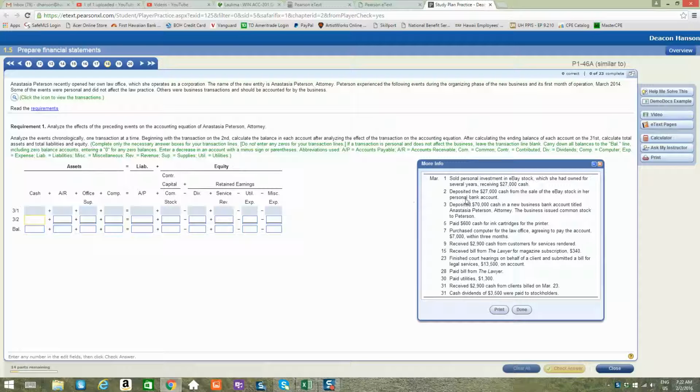So 27,000 cash was deposited from the sale of eBay stock into her personal account. Okay, so that's not a transaction of the business either. See, it's her personal bank account. It's not the company's bank account. So really, I believe we should be putting zeros in for balance, but we'll try again.